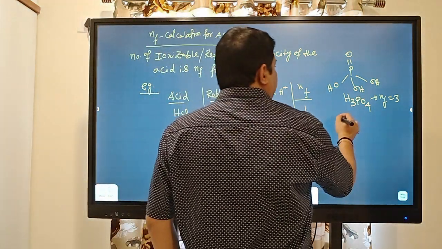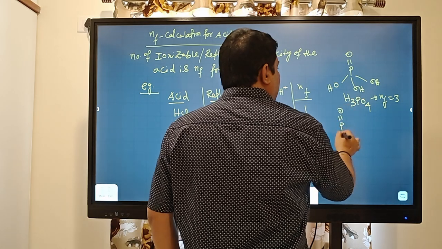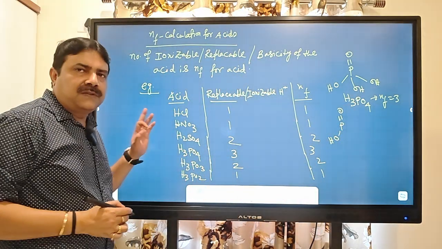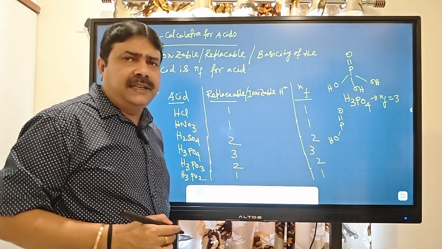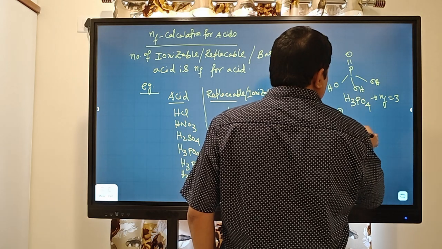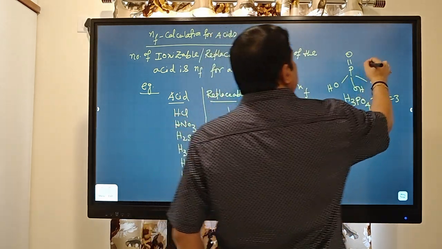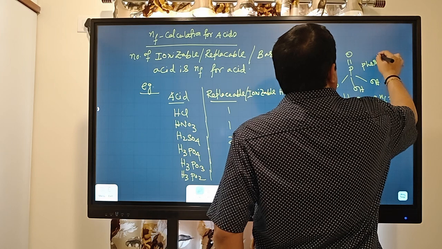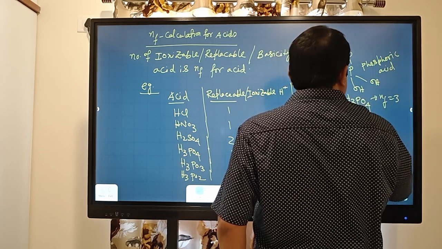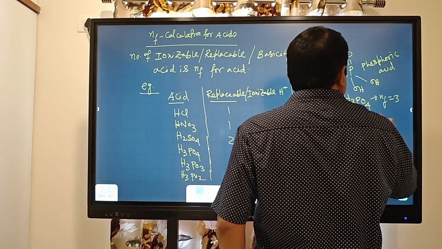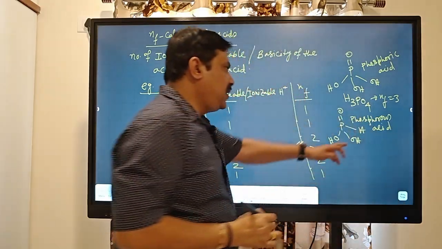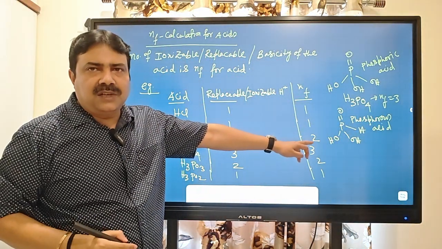But whereas in the H3PO3 structure, this is phosphorus acid. We will study this in detail in group 15, you need not worry. Here only 2 hydrogens are attached with the oxygen, which are ionizable and replaceable.